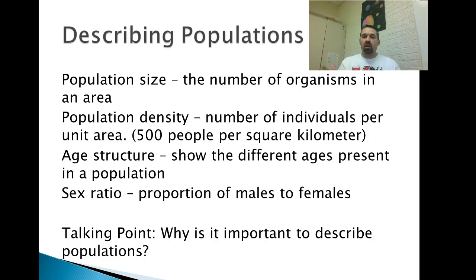And so when we describe a population, we want to talk about how big it is, because that's important. Okay, then we talk about population density. Population density is the number of individual organisms in a certain area. Okay, and the reason why we need population density is because if we're going to count all the people in the United States, we want to know how well they're distributed throughout that area.